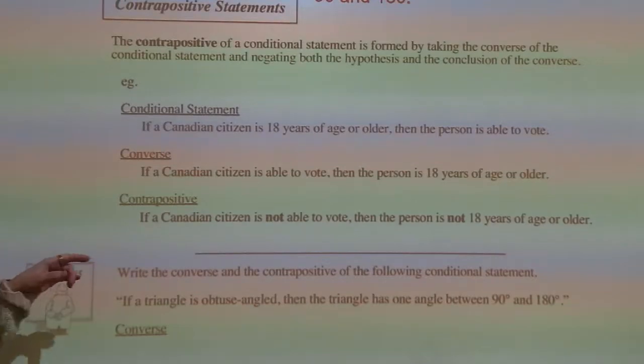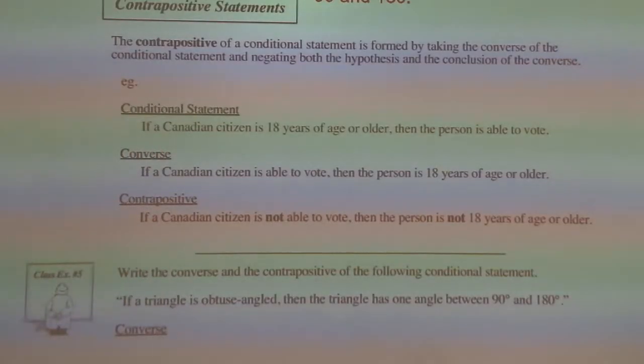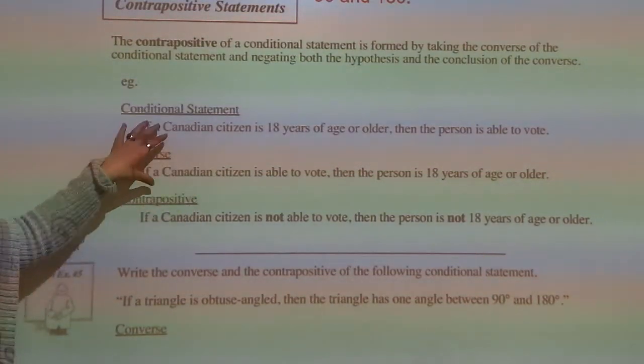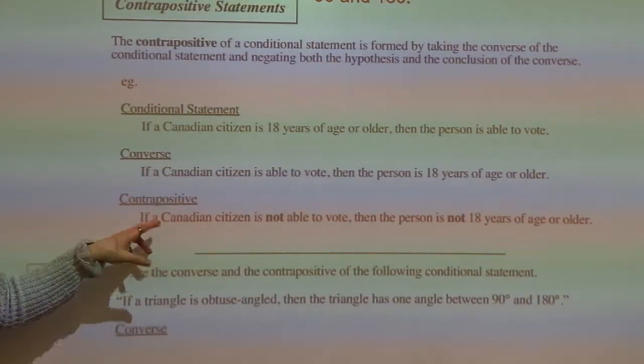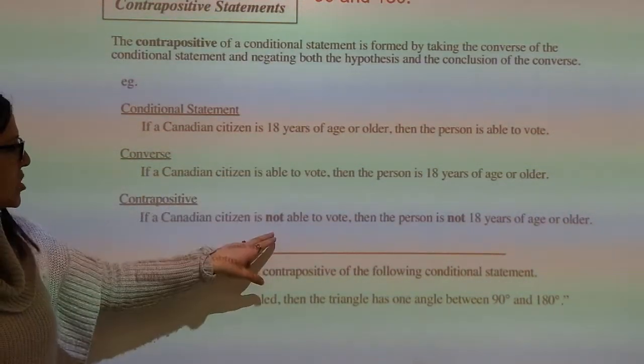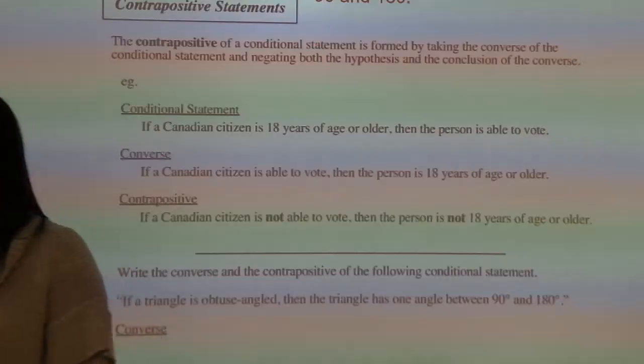The converse would be if a Canadian citizen is able to vote, then the person is 18 years of age or older. The converse is reversing the conditional. The contrapositive, now we negate it. If a Canadian citizen is not able to vote, then the person is not 18 years of age or older.